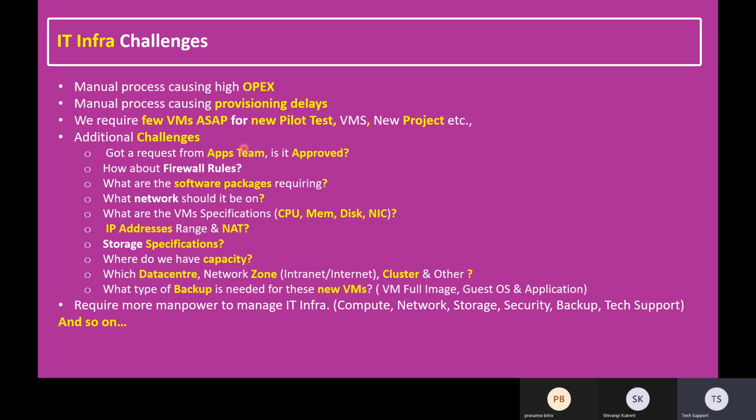We need to verify whether this request is approved by your team lead and management team. Most of the time managers will approve all the requests. When the request is approved, only then will the VMware administrator start provisioning those requested 10 virtual machines. So we need to wait for some time to see whether the request is approved or not.